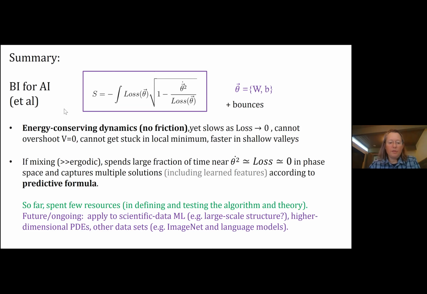So I introduced this class of optimization algorithms that is very distinct from anything friction-based like gradient descent. It has favorable properties that we can prove. We have yet to really exhibit them in full-scale machine learning applications or full-scale scientific ones. And that's what we want to do next, along with further development of the theory.